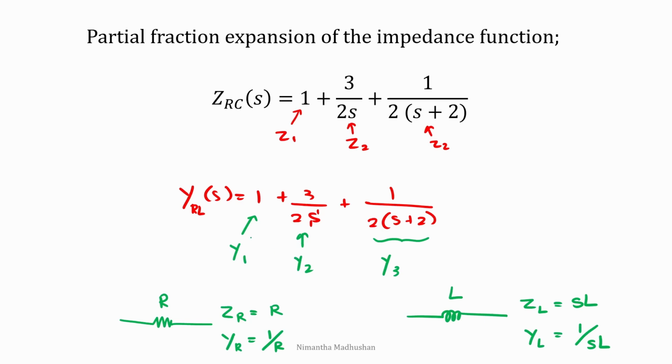Then we can consider these Y1, Y2 and Y3 and find what components are represented by each and every small admittance value.